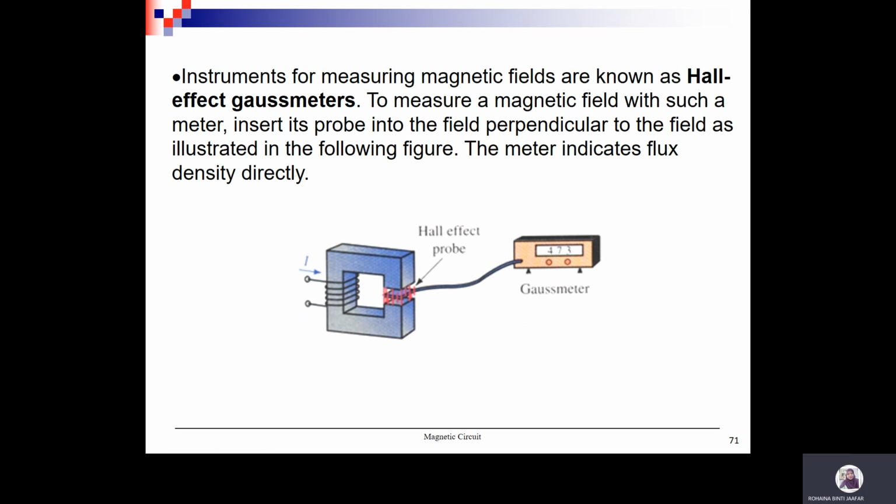The instrument used to measure magnetic field is known as a Hall effect gauge meter. To measure a magnetic field with such a meter, this is the probe connection. The meter indicates flux density directly. So if you get 473, that is the flux density of your magnetic circuit.